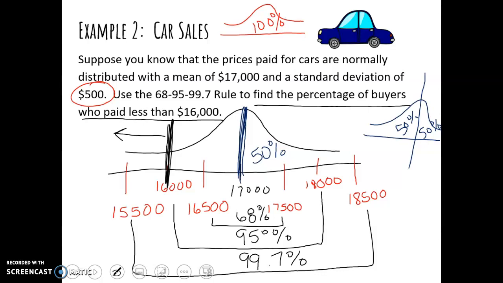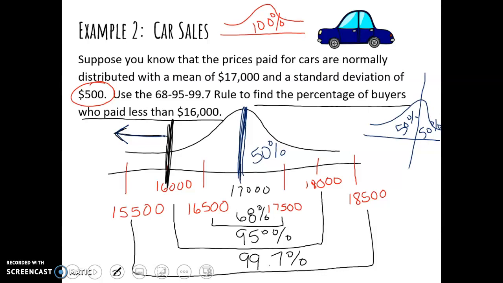Because what we want to find is the percentage that's to the left of that 16,000. And we're going to basically go kind of a back way to get there. So from the mean all the way to the right is 50% of the data. So from 17,000 and above, 50% of the prices paid for cars are above 17,000.